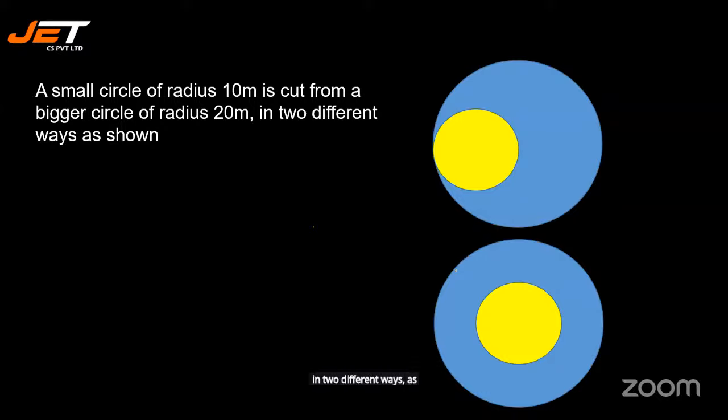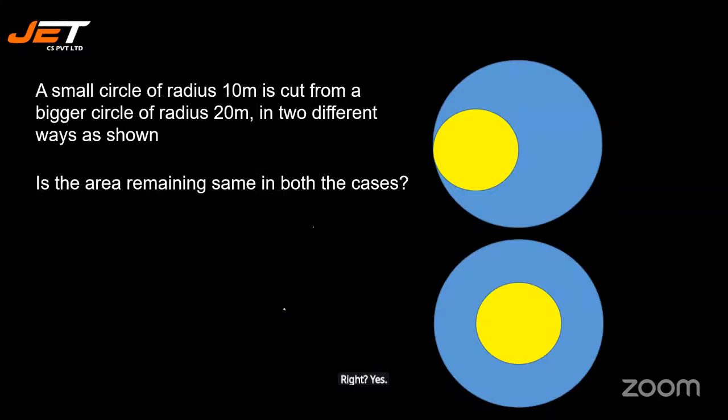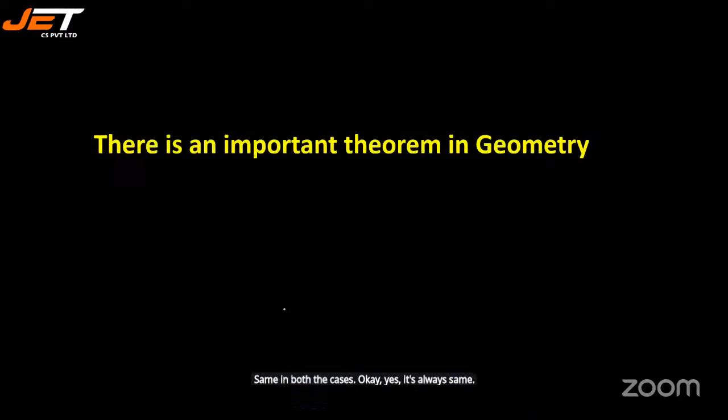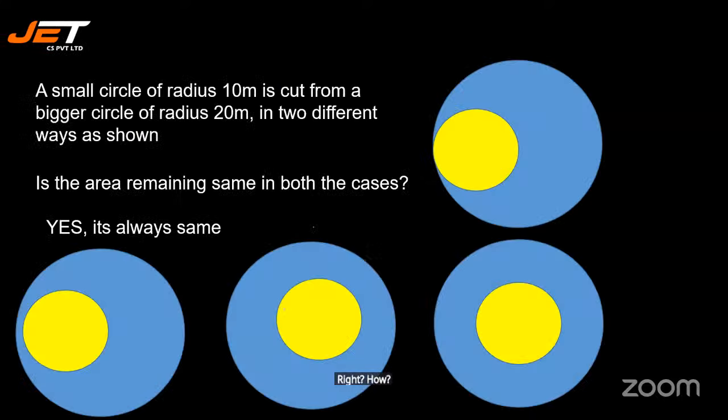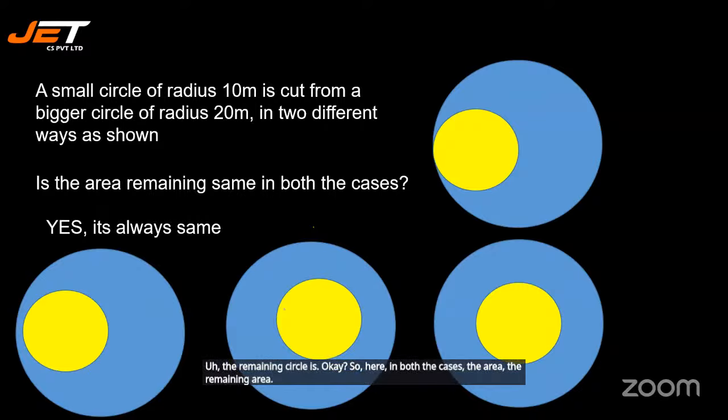So you can see here the different ways, right? Is the area remaining same in both the cases? Okay. Yes, it's always same, right? How? It is always same wherever the remaining circle is. So here in both the cases, the remaining area will always be same, right?